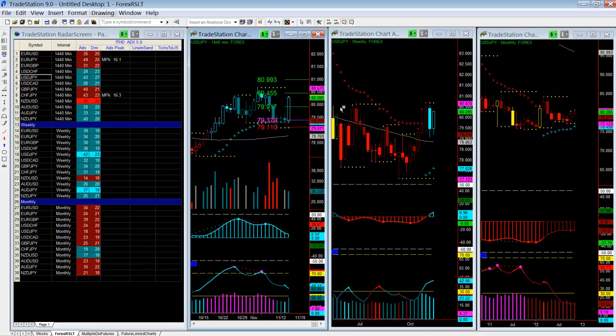Notice the only ones that are highlighted bright blue on a weekly chart. Which ones do you have? You have the USD JPY and you have the Aussie JPY. Those are the only two that are highlighted in blue. In addition to that, when I look up here, you see that the 1440 is dark blue with a value of 43.